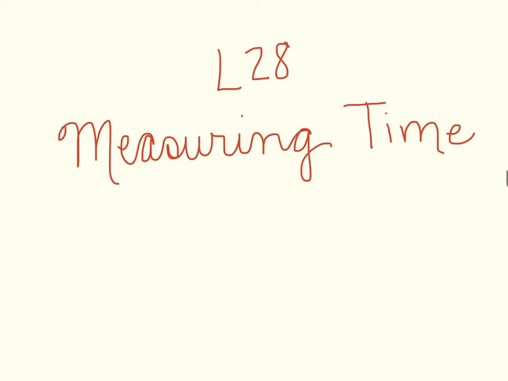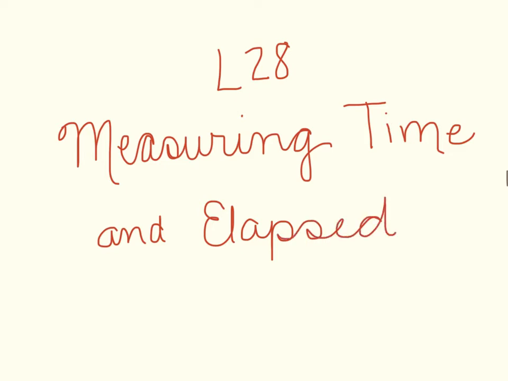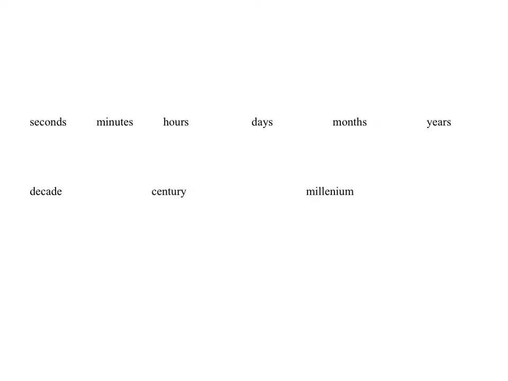And elapsed time is figuring out the time distance between two events. With elapsed time, you look at the start and ending time, and then you can figure out the time in between the two.